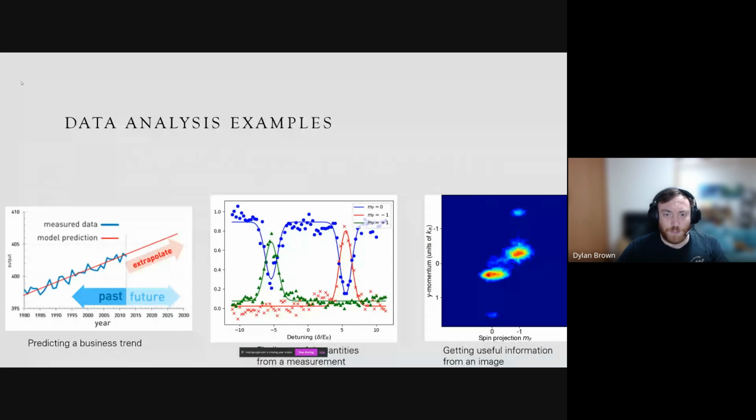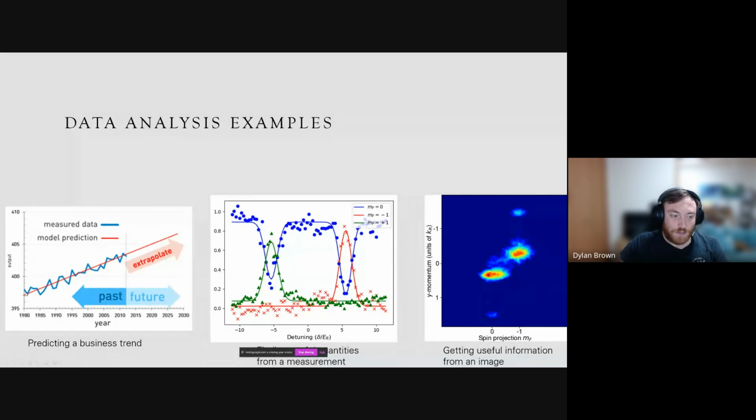An example of what I mean when I say data analysis, just in case, is we have some data, in this case the output, or you could say the profit generated by a business, and you can analyze this data and extrapolate it sometime into the future.